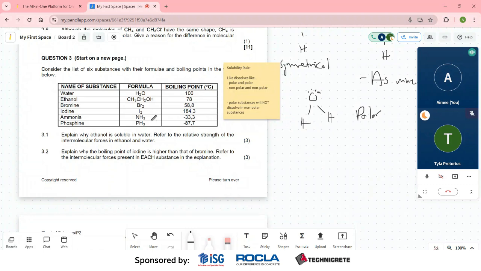So it's a polar molecule. And you know that ethanol is also a polar molecule. And you know that how? You know that because it's asymmetrical.